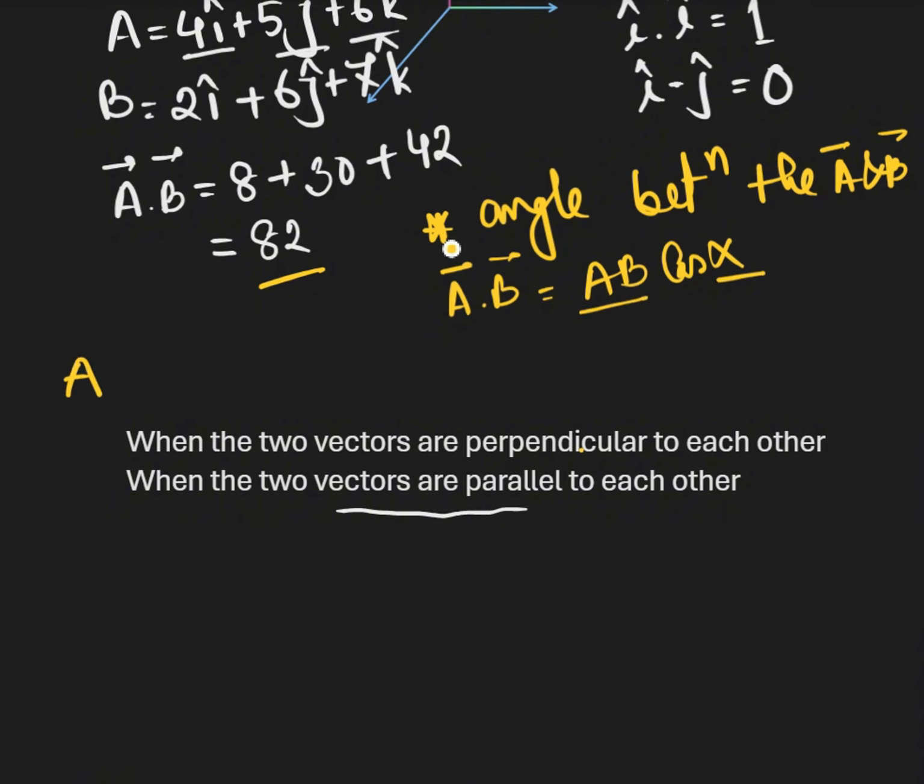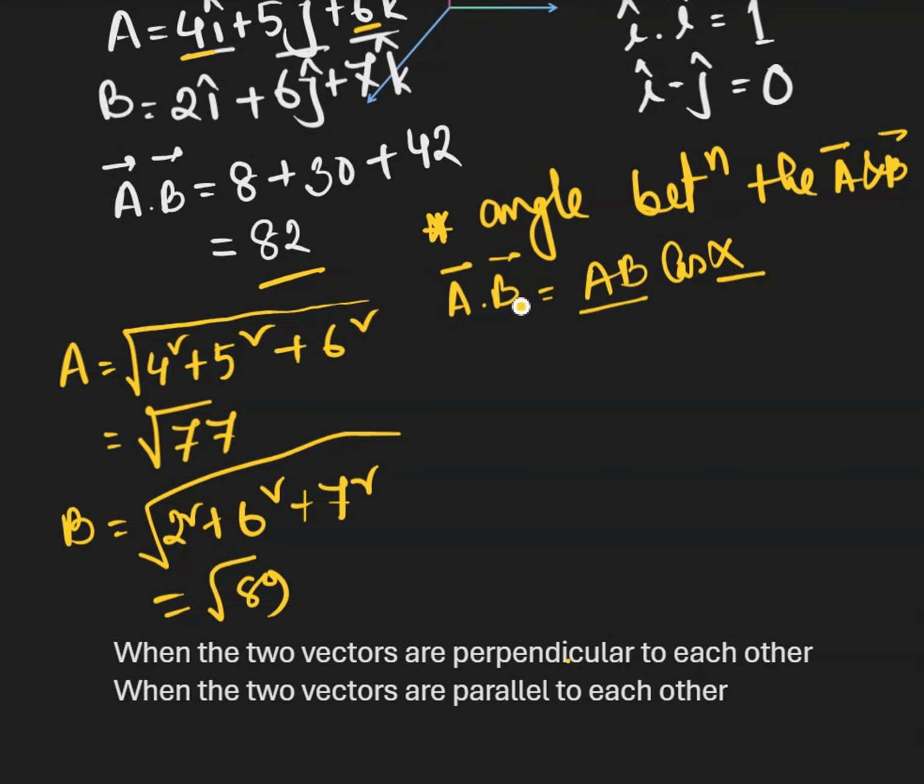So A equals the square root of 4 squared, the coefficients of vector A, then 5 squared, and again 6 squared. So we already have the magnitude of A, which is square root of 77, and the same way we could calculate B as well: 2 squared plus 6 squared plus 7 squared. So altogether we'll have square root of 89.